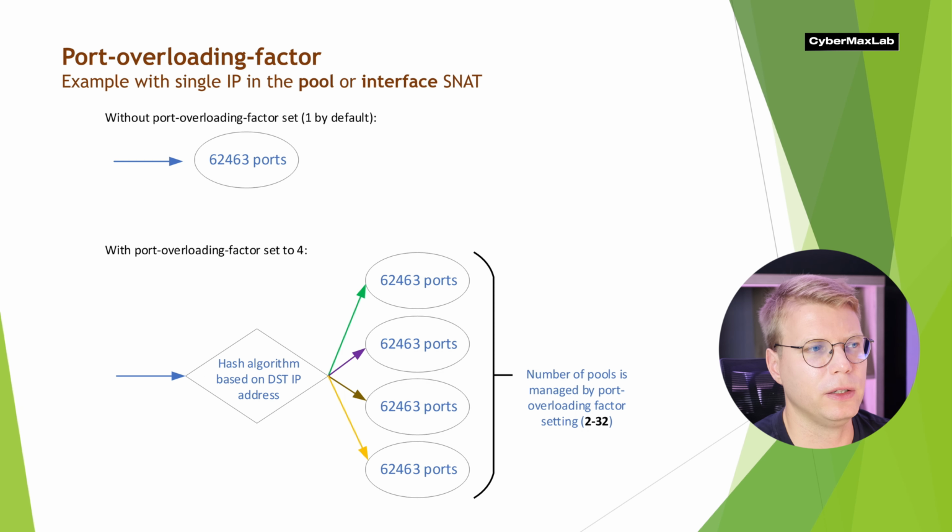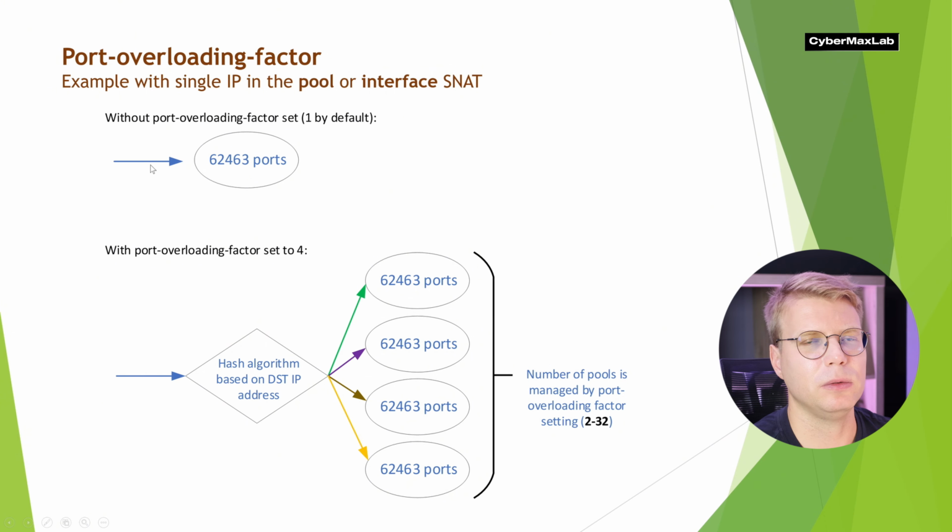Port overloading factor. This is a setting which can be applied for the interface NAT or for a certain pool, and it affects how the pool is utilized and how scalable the pool is. Let's say we take the example of just one IP address. If you don't use port overloading factor, which is set to 1 by default, you have a general pool containing all the available ports for your translations.